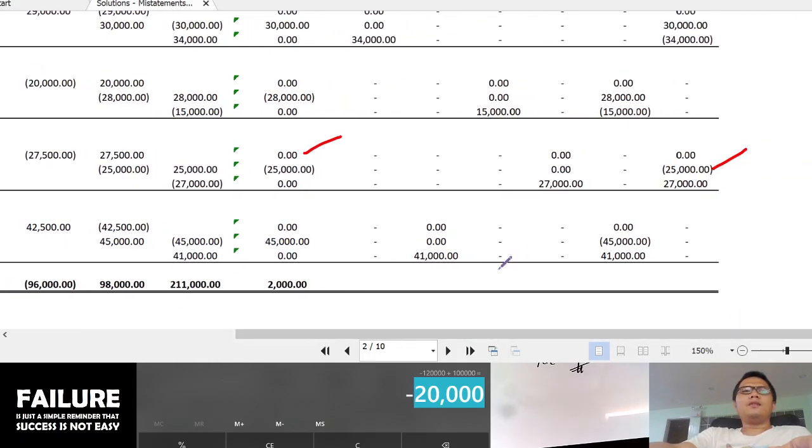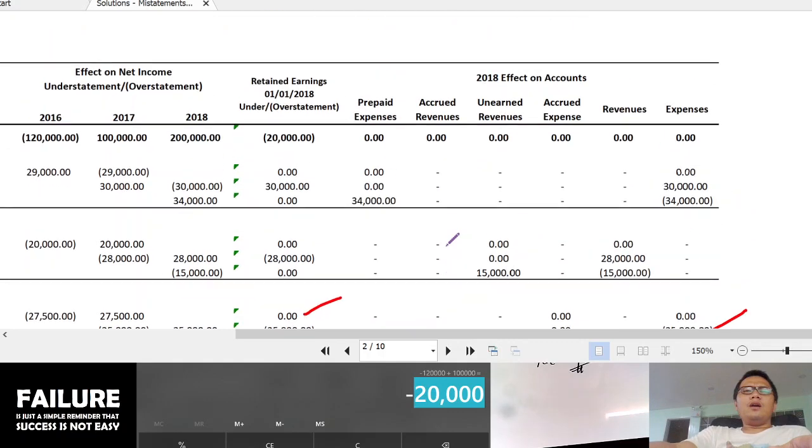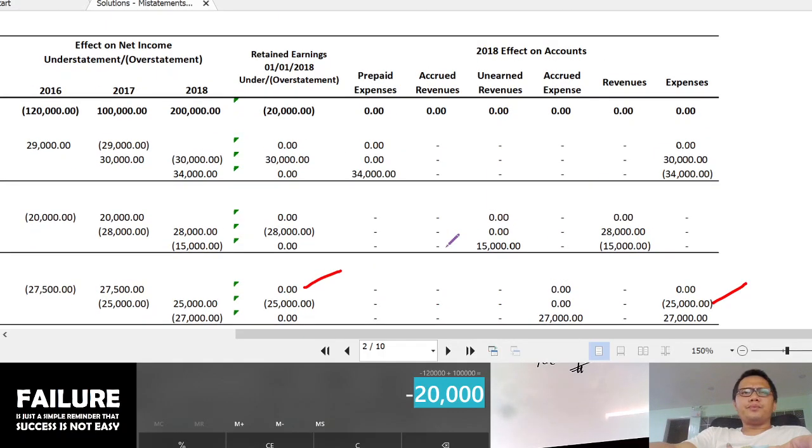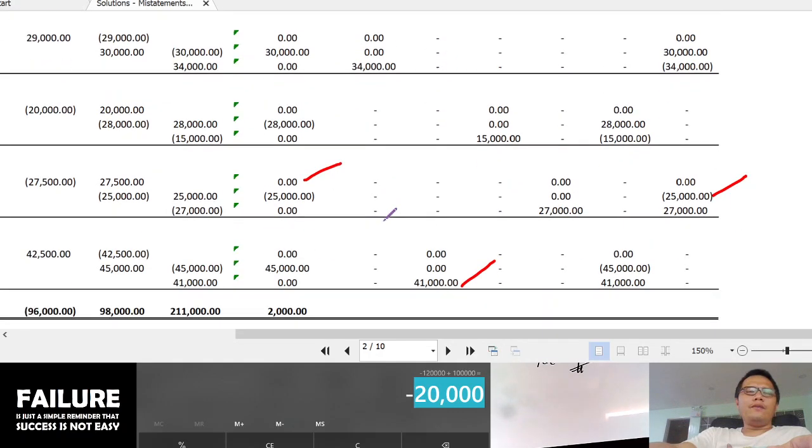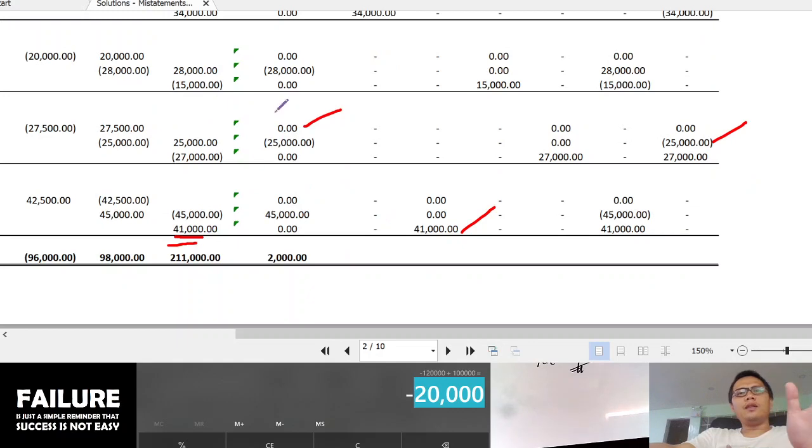So the point is, as to the effect on accounts, again, your accrued revenue is understated by 41,000. Your revenue in 2018 is affected by the errors in 2017 and 2018. With the 2017 error, your revenue is overstated, because this 45,000 should have been recognized in 2017.